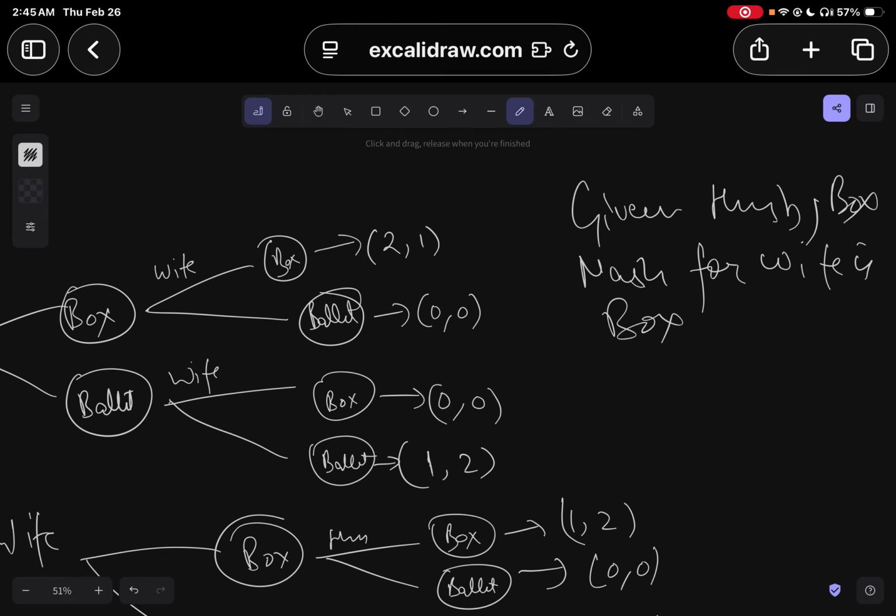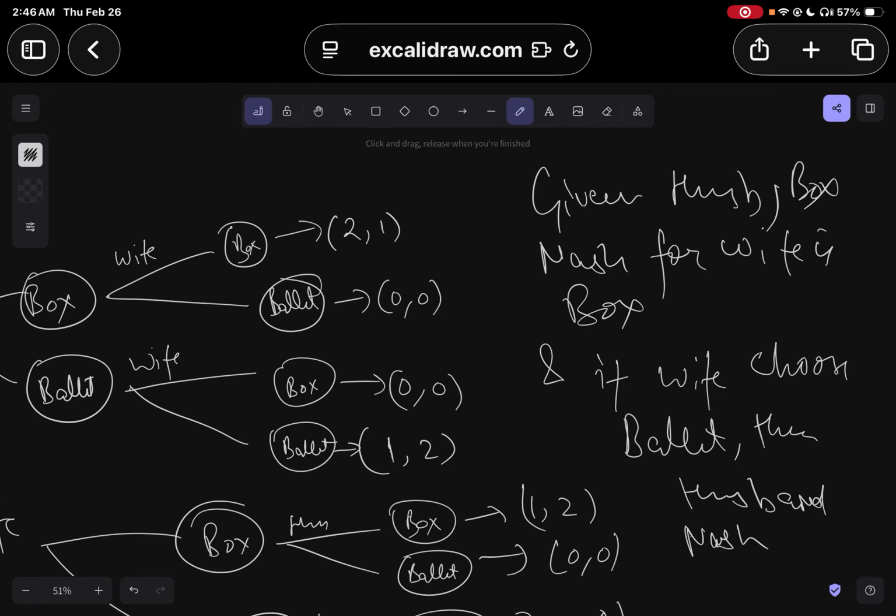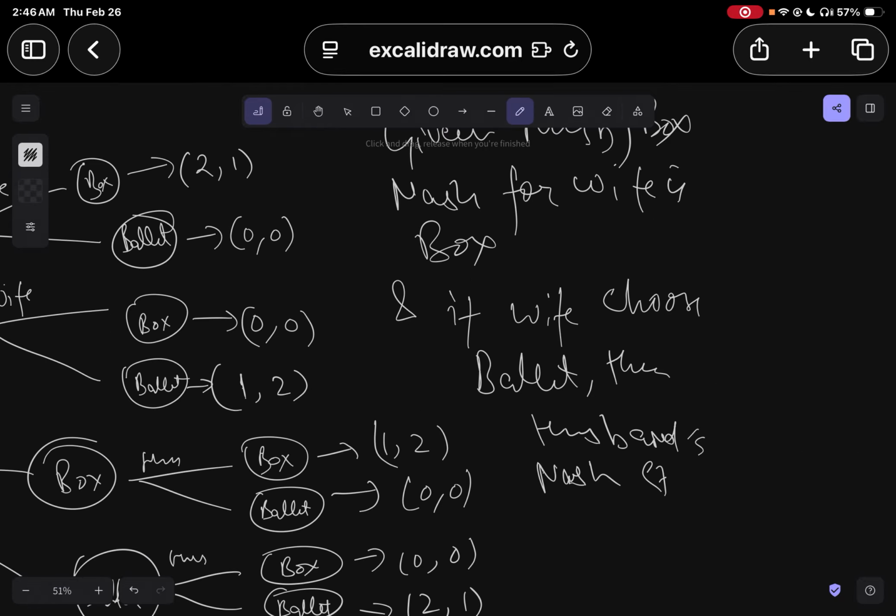And if the wife chooses boxing, the Nash strategy for the husband is to choose boxing. I mean to say, if the wife chooses ballet, then the husband's Nash strategy is ballet.